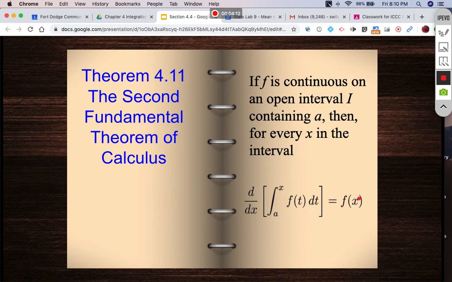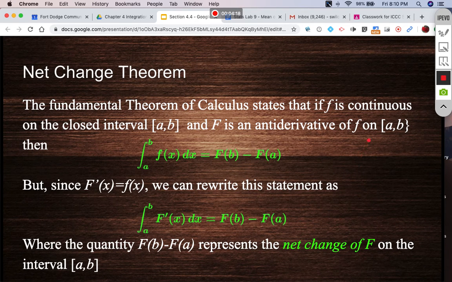Yes, really, there are reasons to do this. One of the ways we're going to play with this is to look at the net change theorem.